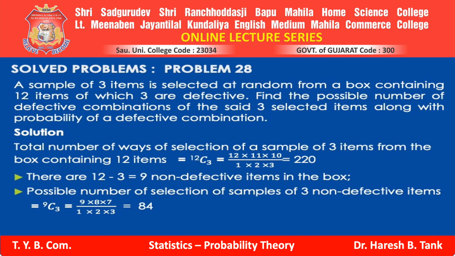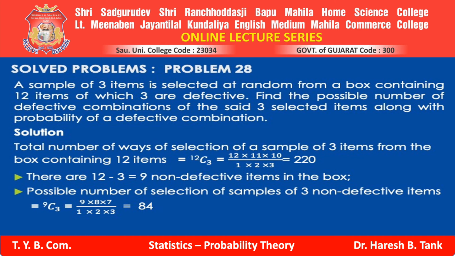Next example. A sample of 3 items is selected at random from a box containing 12 items, of which 3 are defective. Find the possible number of defective combinations of the said 3 selected items along with the probability of a defective combination. First of all, understand the question itself and then start writing.